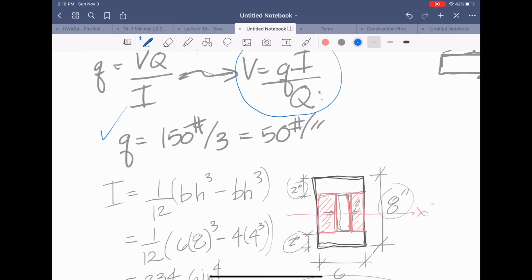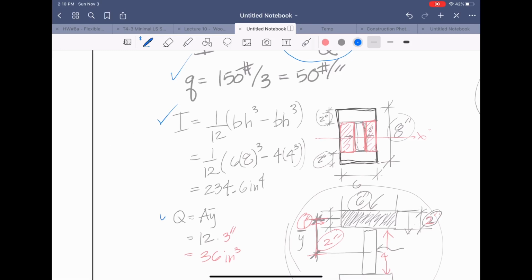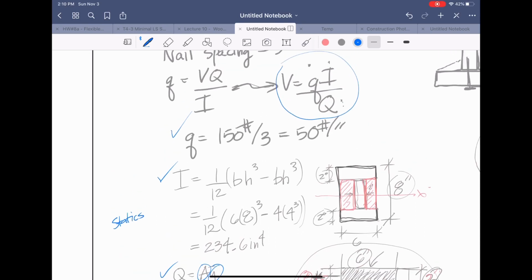We know how to take moment of inertia. Remember, that was statics review, right? And then Q, which is the first moment, is really your area times your distance. You did that in statics. So in summary, it's statics and strength of materials. That's the only thing that you really learned for the strength of materials portion of this.